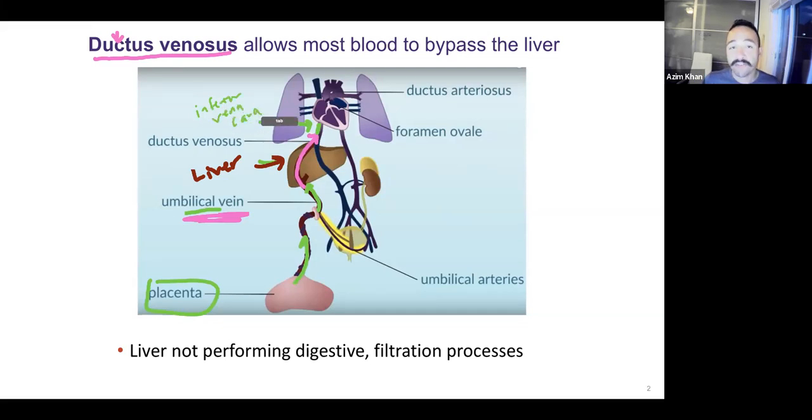We're bypassing the liver: umbilical vein, ductus venosus, and then inferior vena cava to the heart. That's one fetal adaptation. Once we're born, this closes up. We no longer have a ductus venosus.